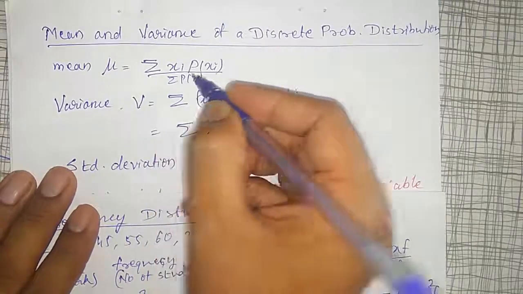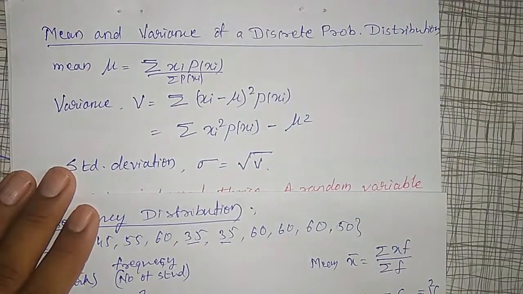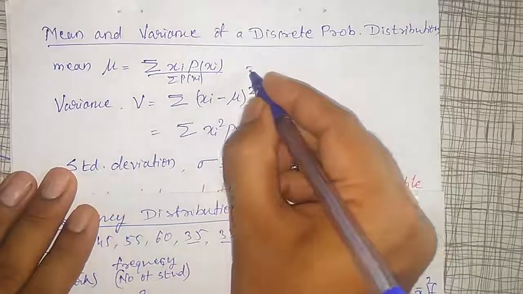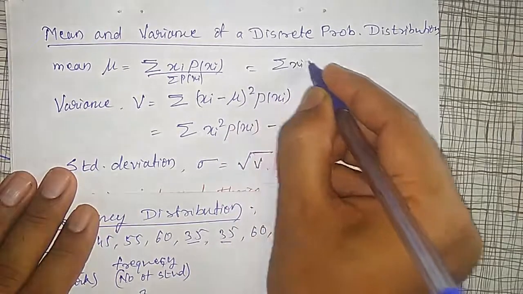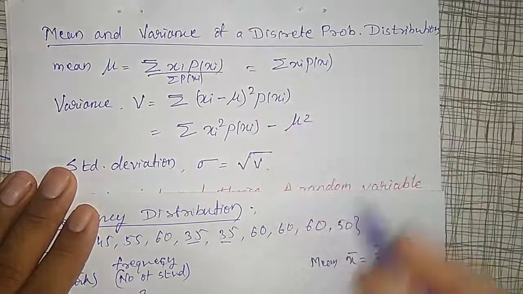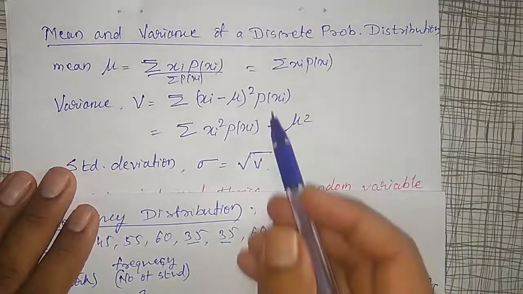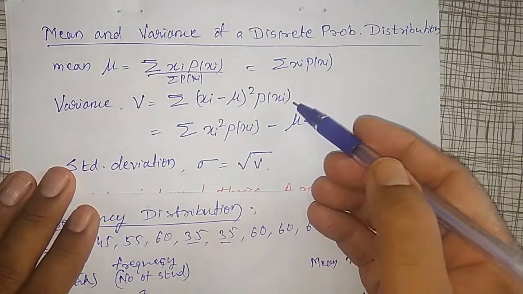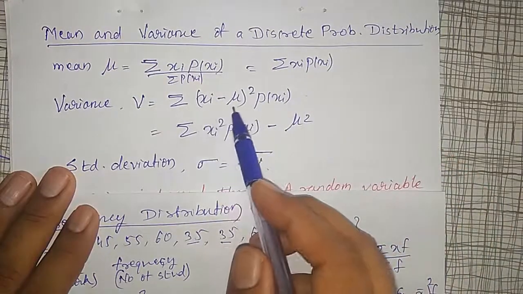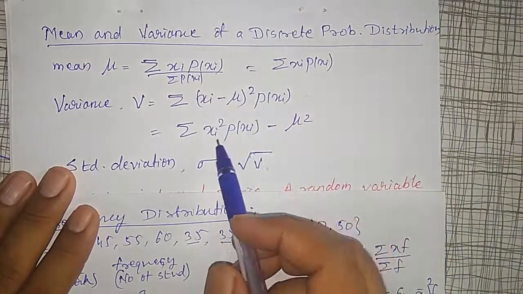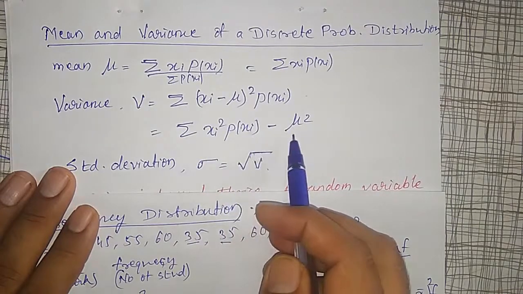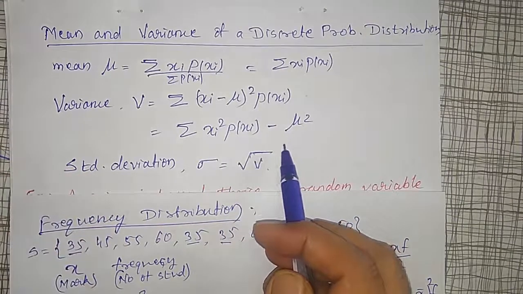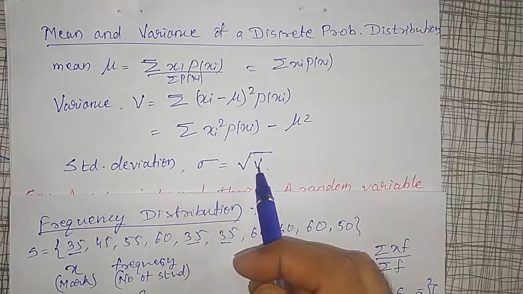But summation of p of xi is equal to 1 according to the definition of probability function. Therefore, mean is nothing but summation of xi into p of xi. Similarly for variance, divided by summation of p of xi, which is 1, so variance is summation of (xi minus mu) square into p of xi, or summation of x square into p of xi minus mu square. Standard deviation is given by the same thing.